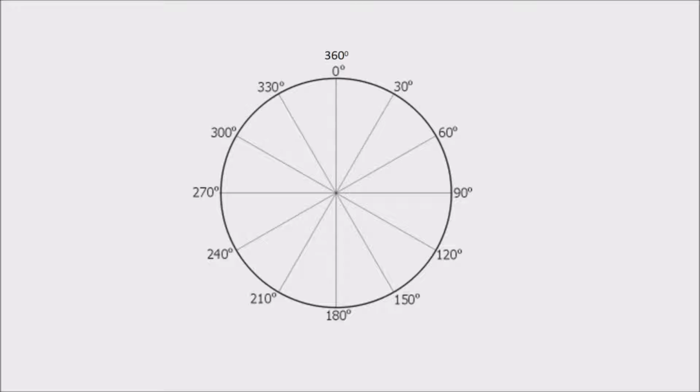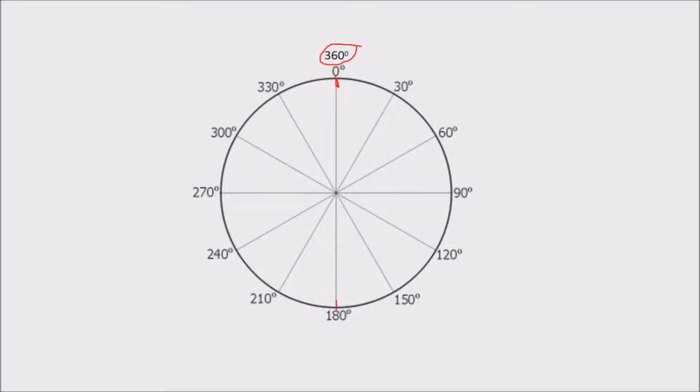Degrees are how you would turn a certain amount, and if you turned a full circle, you would be turning 360 degrees, from this spot all the way around to the spot again. Half of that, a half circle, would be 180 degrees. The circle is just divided up equally.